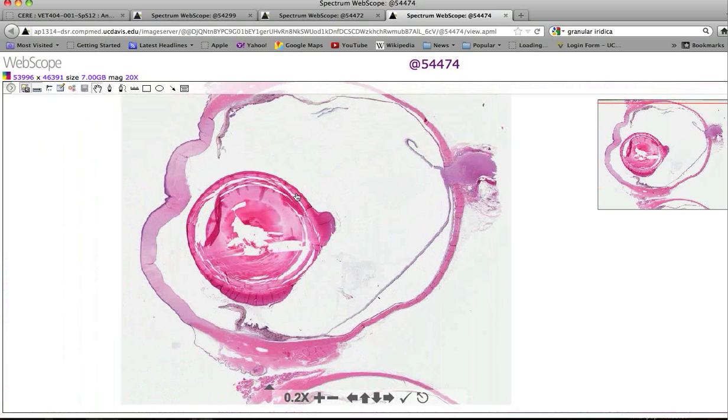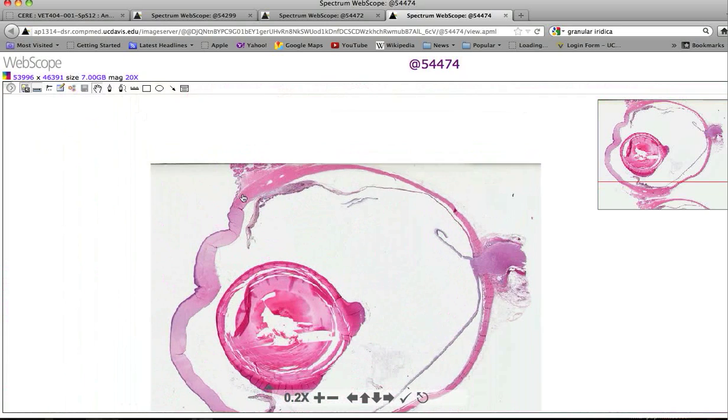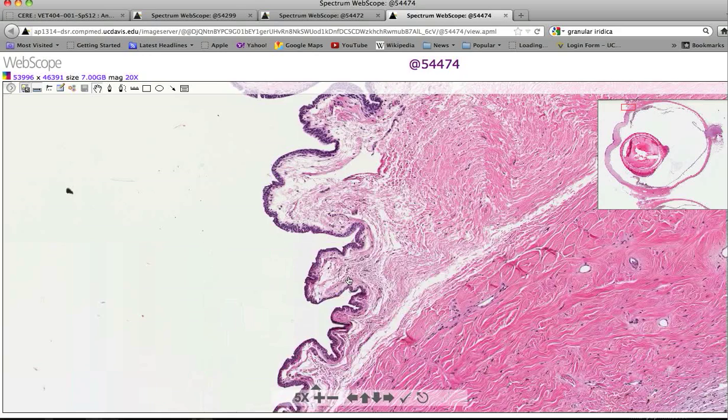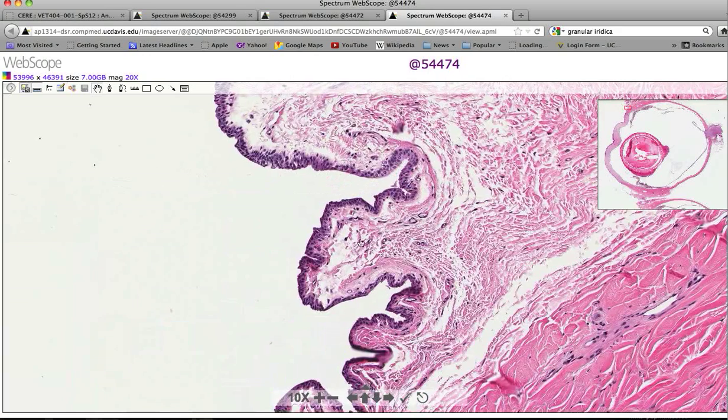I promised to talk to you guys about conjunctiva. So we'll zoom in on the conjunctival epithelium.